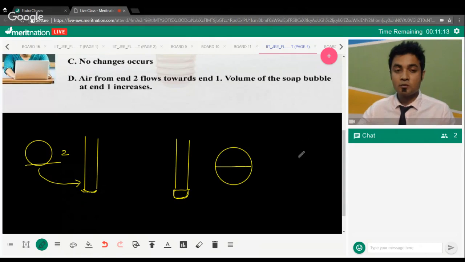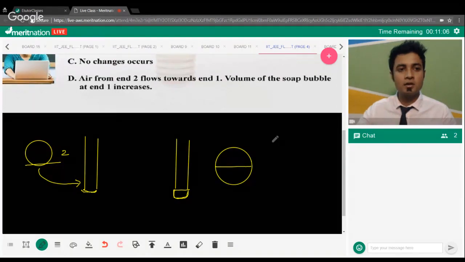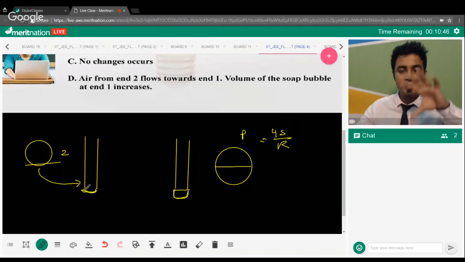So guys, you must have studied about the excess pressure in the bubble, right? If you're considering the soap bubble, the excess pressure is 4S upon r, where S is the surface tension and r is the radius. If I'm building up the complete sphere out of this arc, obviously my radius would be bigger, my circle would be bigger as compared to this one, right?